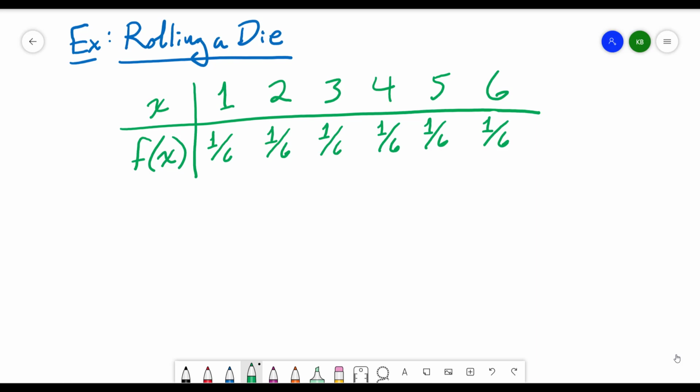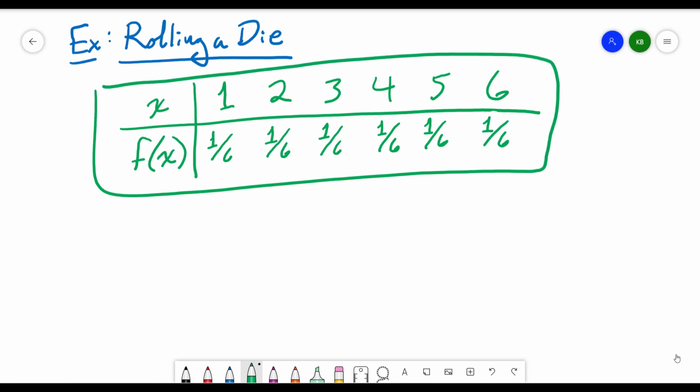So this right here is my probability distribution. And I could write it out as the ordered pairs (1, 1/6), (2, 1/6), (3, 1/6), (4, 1/6), (5, 1/6), and (6, 1/6). And that would be another way of representing my probability function.